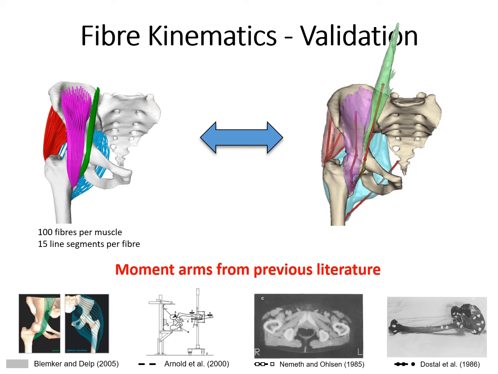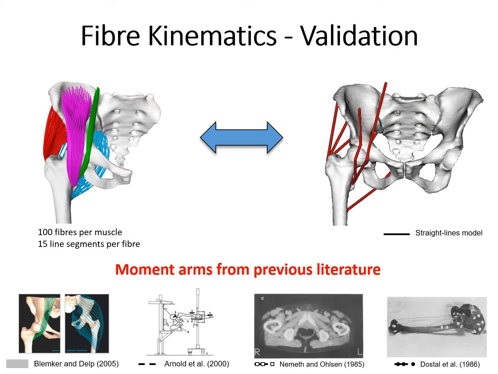For both models, we then calculated the moment arms for all the available muscle fibers, simulating 3 functional hip joint movements: a flexion extension, an abduction adduction, and an internal external rotation.